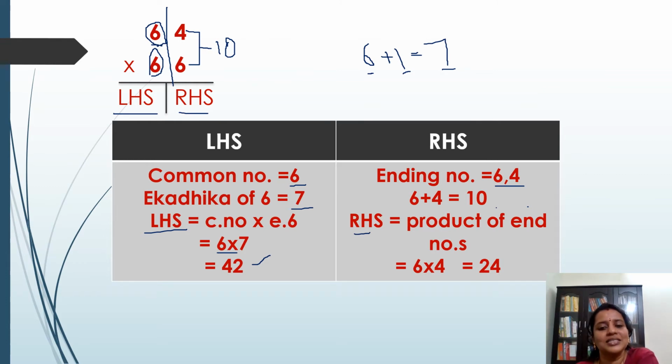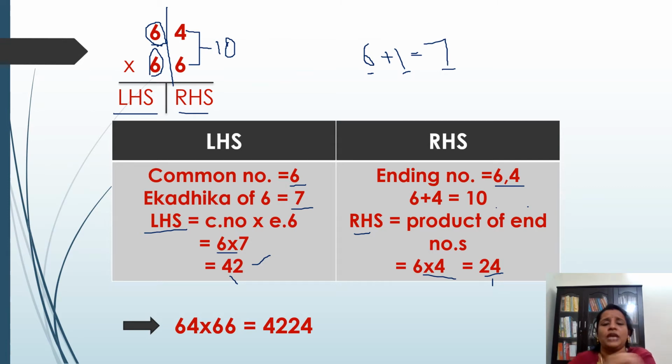So my RHS is equal to 6 into 4, which is equal to 24. Now what I have to do is just take the numbers directly below. So 64 into 66 is nothing else but 42, 24. That is, 64 into 66 is 4224. Have you all got it?